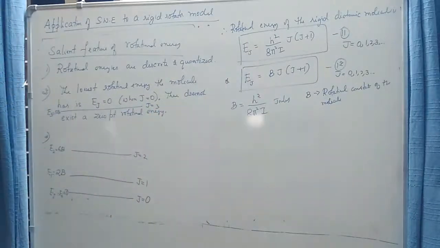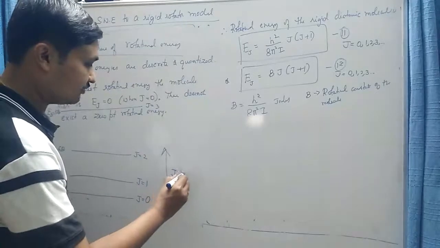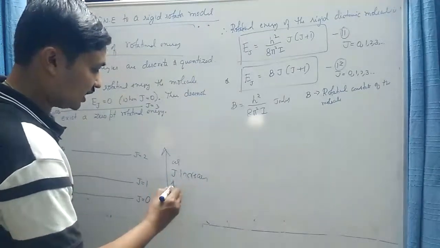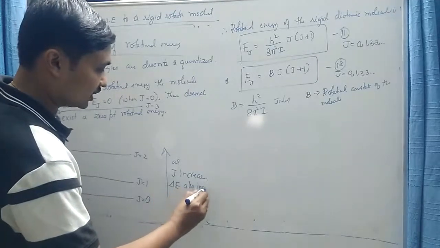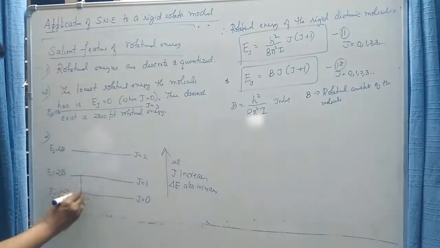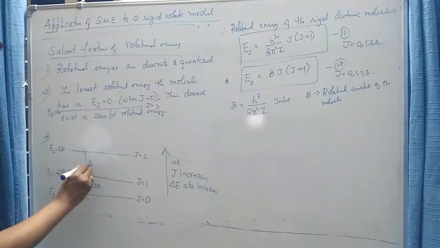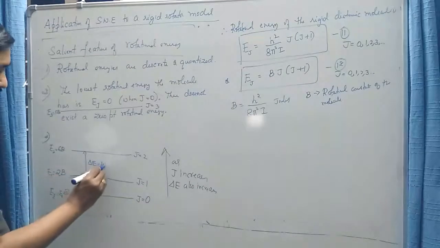So what do we observe? As the value of J increases, the energy gap delta E also increases. Here the delta E was equal to 2B. Here the separation is 6B minus 2B, that is 4B.